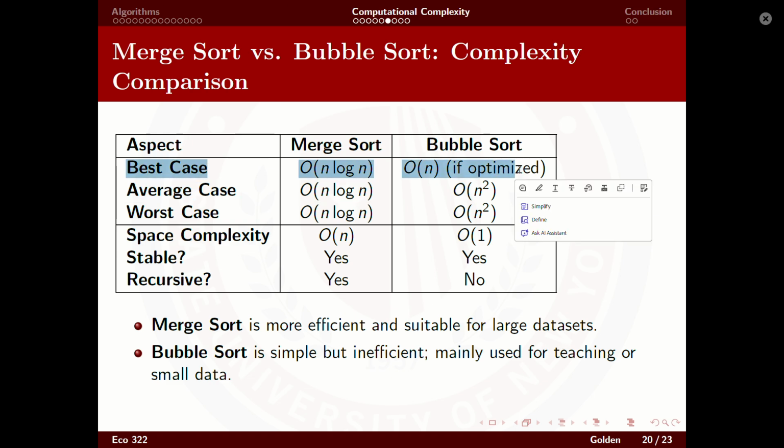Merge sort versus bubble sort. This is to show you that even if two algorithms have different time complexities, they might also have different space complexities. So merge sort is the best in terms of the average case and the worst case for time. Bubble sort's a little bit better if it's already sorted, but otherwise, merge sort is significantly better.